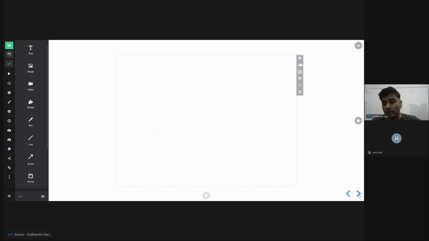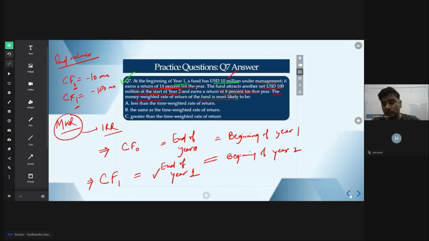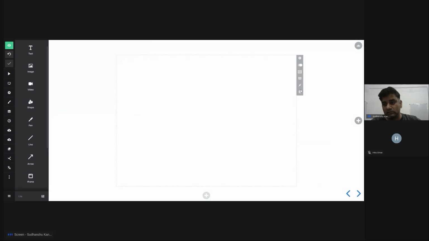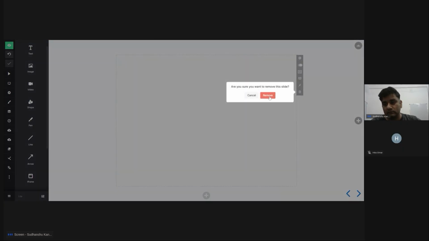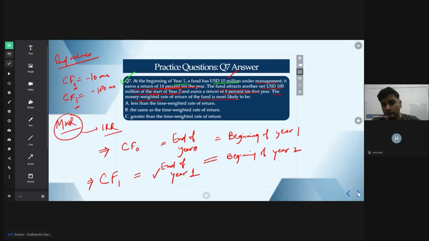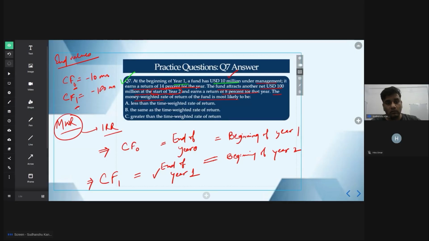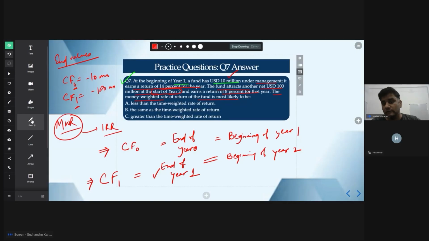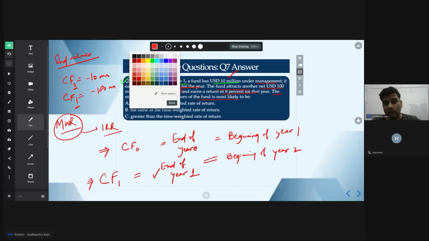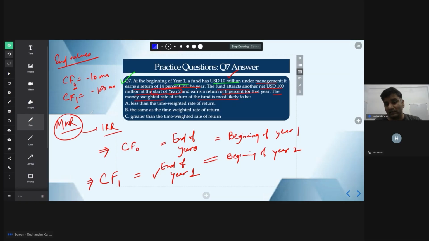I don't have the ending value, I only have the starting value. Let me delete this. But the whole point here is how do I find your ending value?